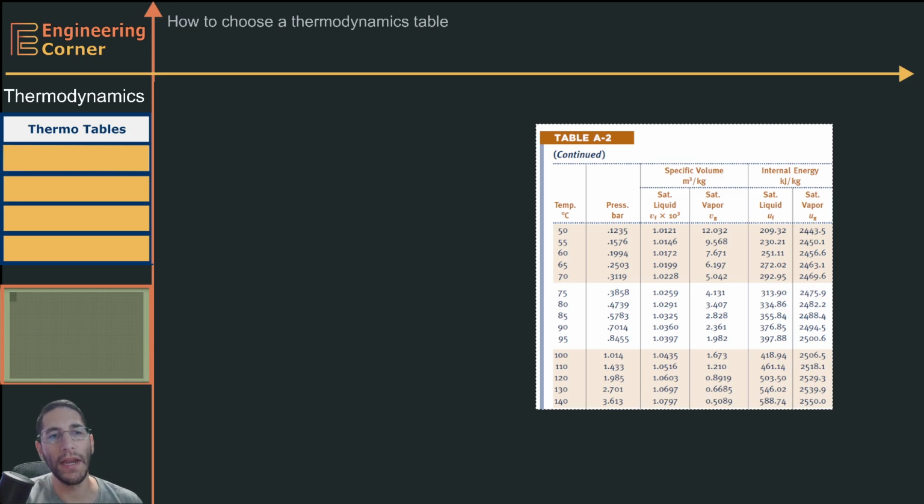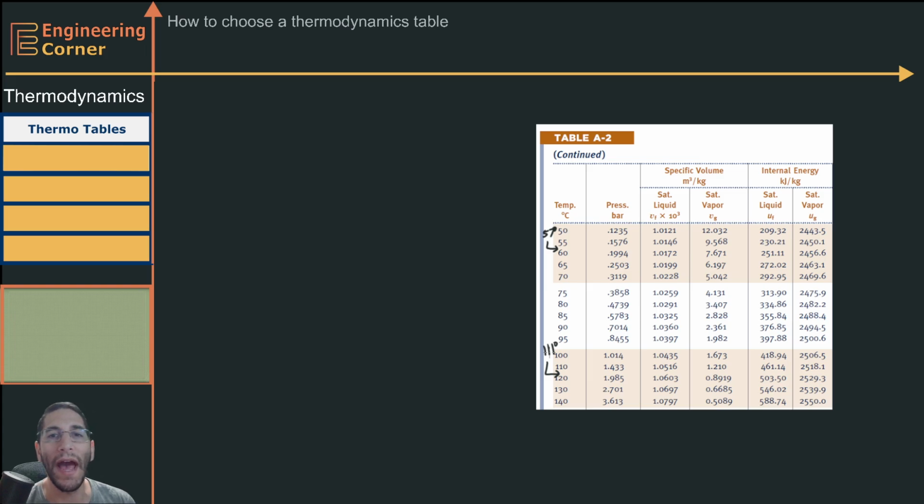In many of the thermodynamic problems you will be given, you unfortunately will not be given the exact entry in a table. So what I mean by that is maybe you'll be asked to figure out the pressure if my temperature is 57 degrees, or my specific volume if my temperature is 111 degrees.